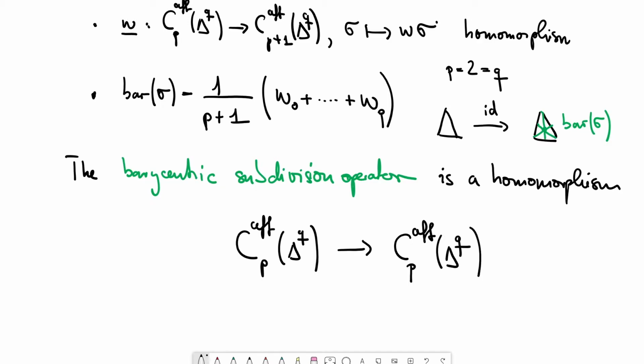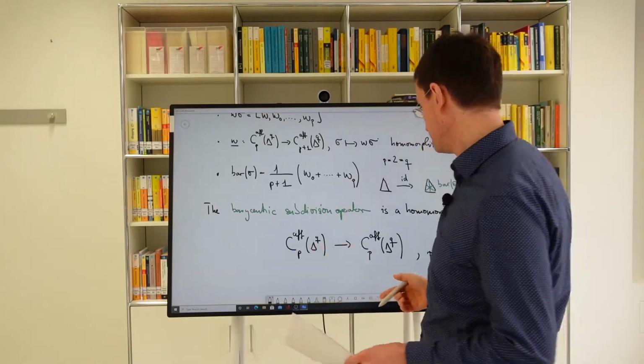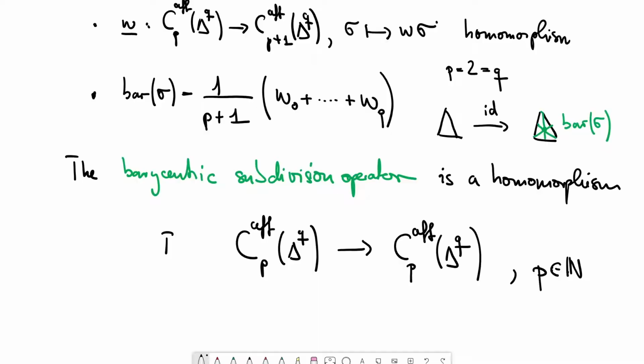The idea of such a homomorphism is that it makes singular simplices, in this case affine singular simplices, somehow smaller. Let's call it B_p.